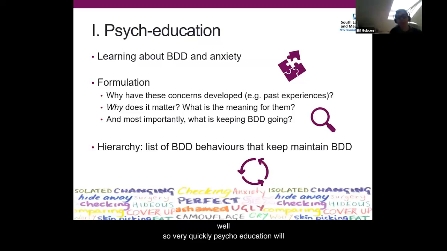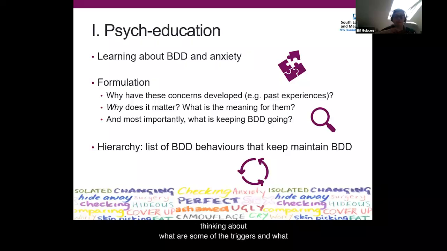So very quickly, psychoeducation will involve learning about BDD and anxiety, and how anxiety can present itself in BDD. We formulate a maintenance cycle of BDD and try to understand what some of the beliefs are in this process, and how life experiences may have contributed to this.